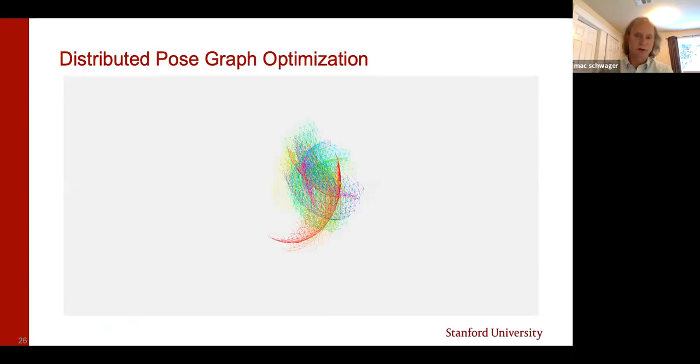Okay, so I talked about cooperative manipulation. We can also do this for cooperative perception. In this case, I'll talk about pose graph optimization, which is basically the optimization engine behind SLAM, right? Where we have multiple robots.